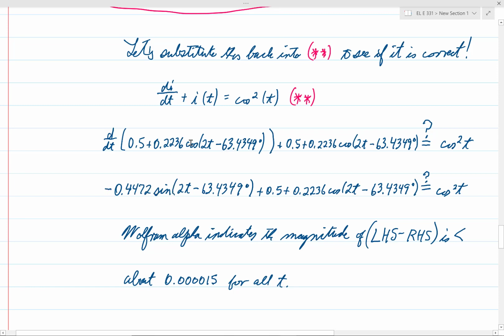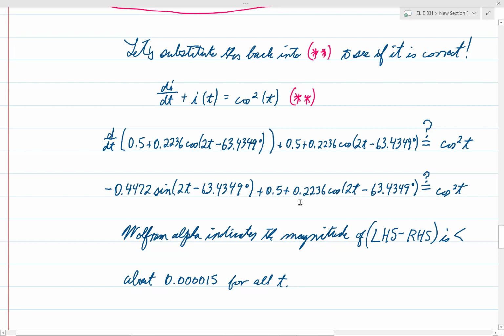And then we have sine instead of cosine, and then the argument. So when we take the derivative of this, this is what we get, and then we bring down the rest of it, and we want to know if that's equal to cosine squared t or not.